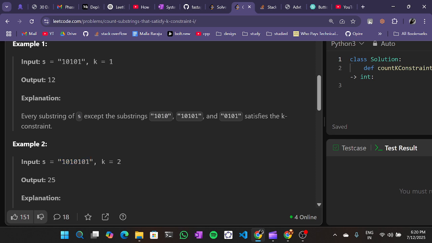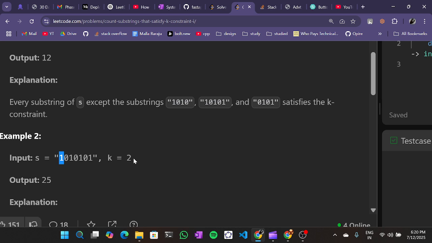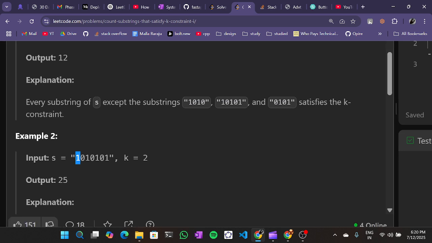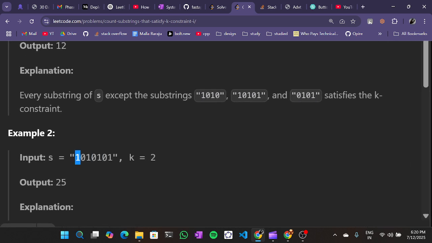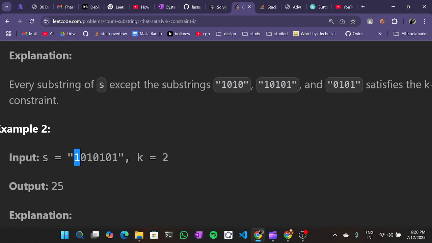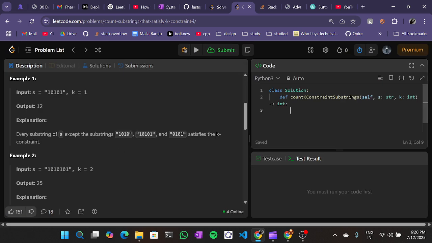I hope you understand, because if k is 1, then if it is 0 or 1, it will hold true, because a substring of length 1 will have at most only one 0 or one 1.